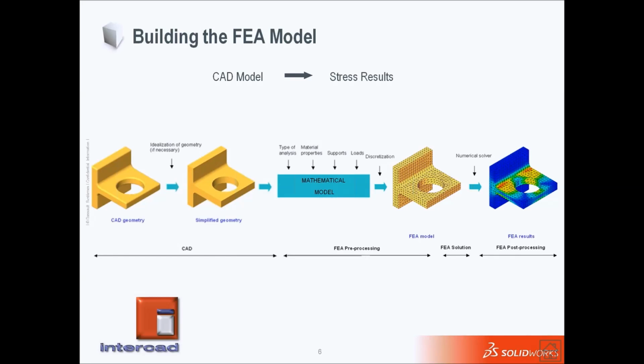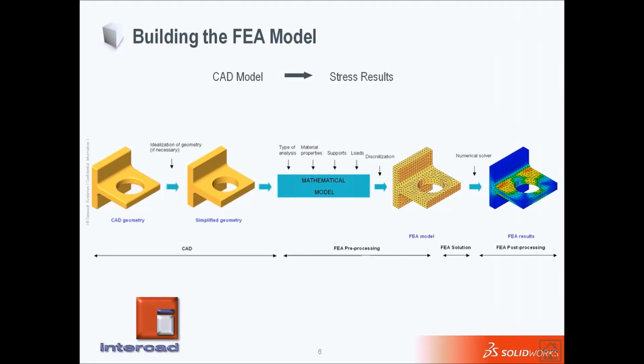Since we have done the preparation of the mathematical model, the next step is to discretize the model, meaning mesh the model, where we specify the shape and size of the elements to go through the whole geometry and represent it.